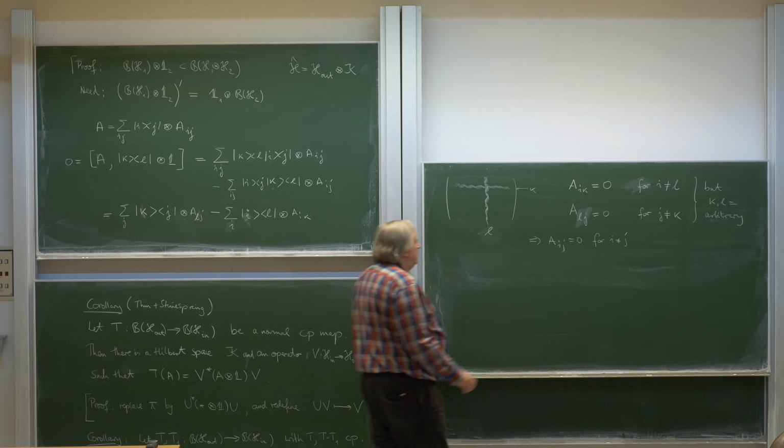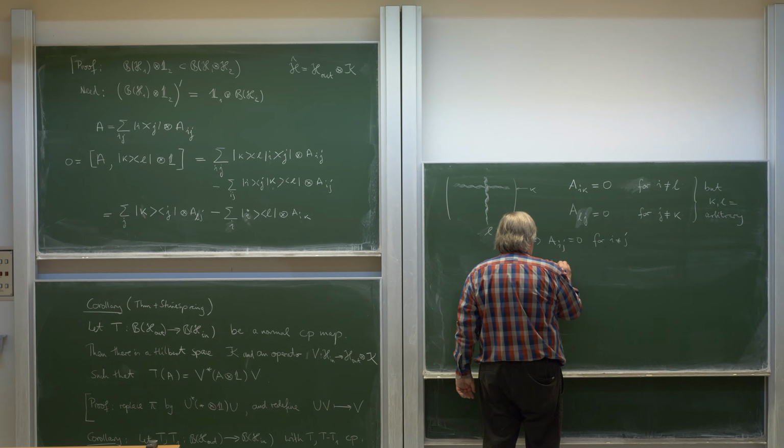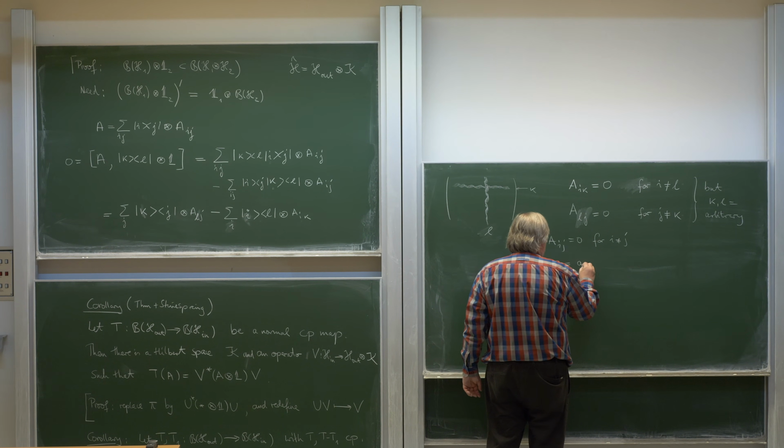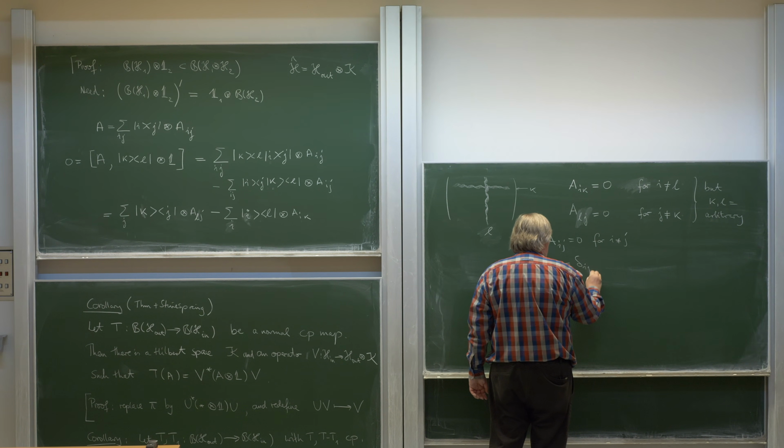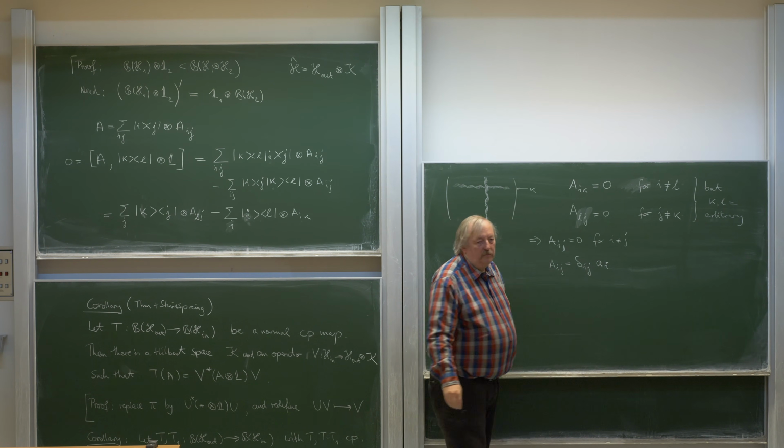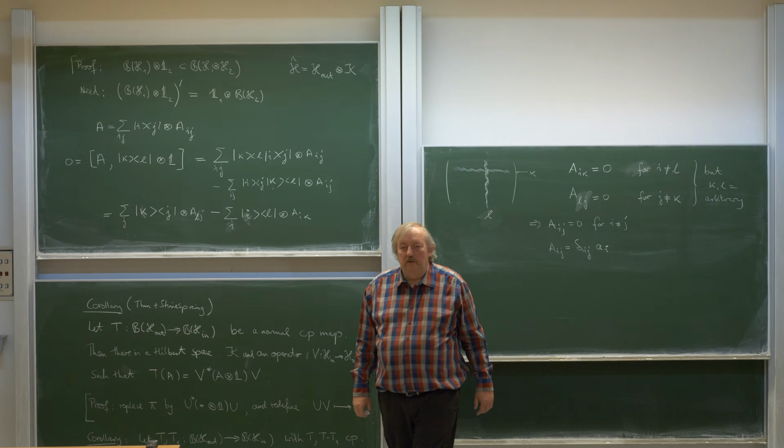So A_ij is A_i, let's say delta_ij A_i, and A_i is just some other operator. We still have to show that they are all equal.